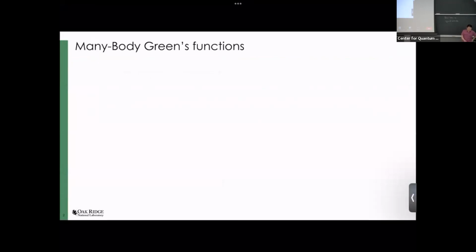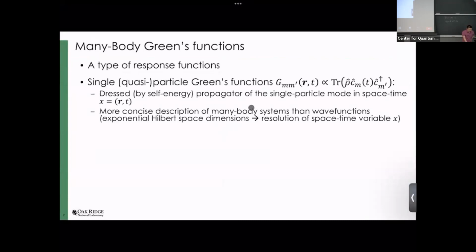So what is many-body Green's function and why do we want to calculate it? It's a type of response function. What is of particular importance for condensed matter systems is the single particle or quasi-particle Green's functions, defined by the trace of the quasi-particle creation and annihilation operators over a density operator, either finite temperature or ground state.